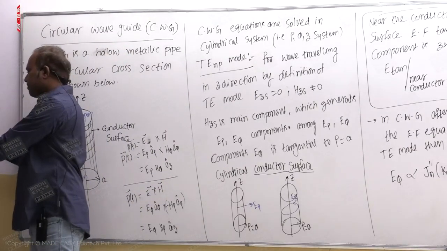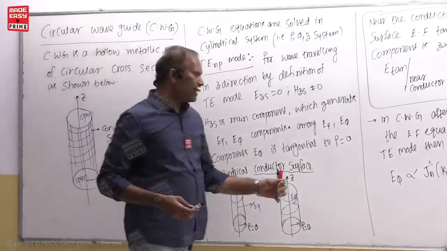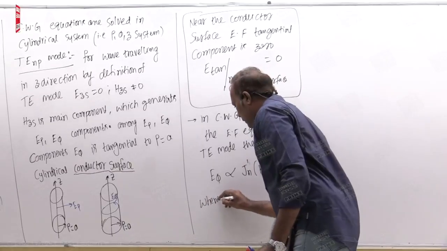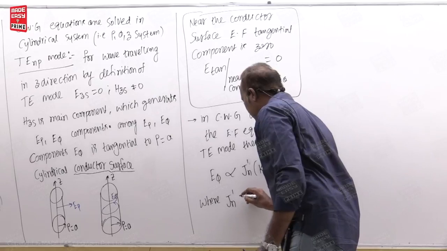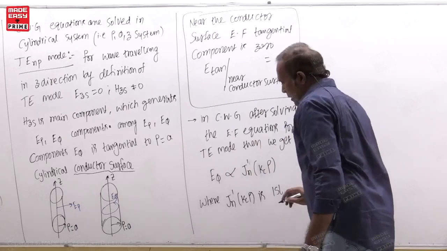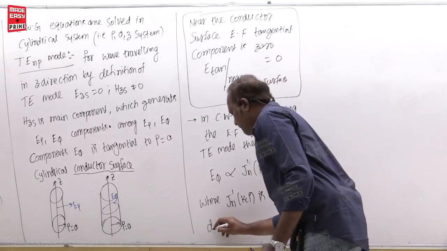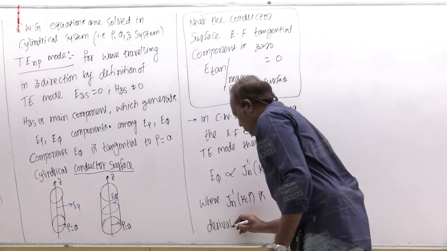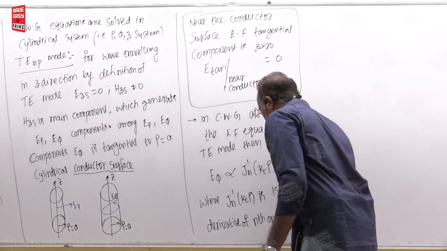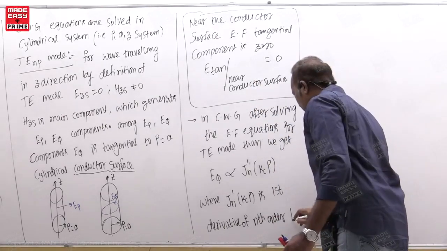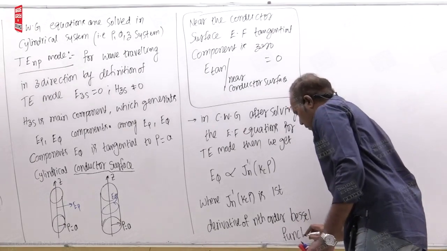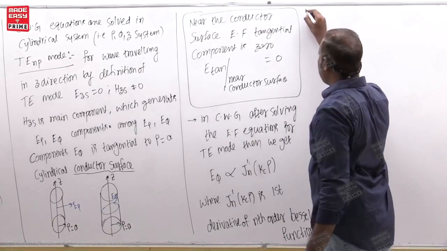Now once again, continue the discussion here, where Jn dash of kc rho is the first derivative of nth order Bessel function.